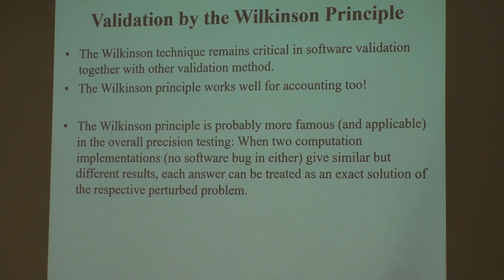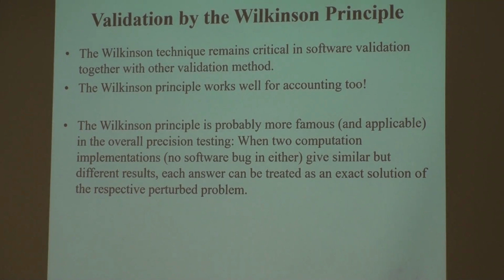There are other more evolved theories, that's what accounting can do to check the results. But the Wilkinson principle is one that's constantly invoked. You do two implementations, even though usually the accounting computation is so easy. You just sum, average, compound rate, or all these things.